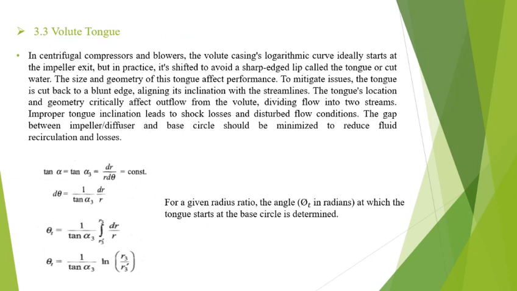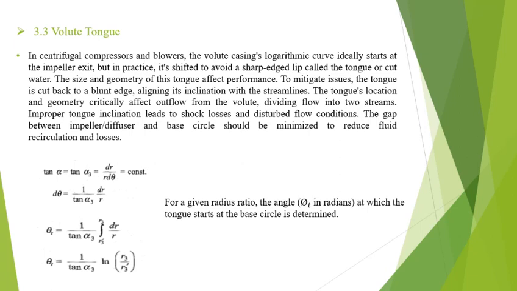After we discuss volute in centrifugal compressor and blower, the volute casing logarithmic spiral curve ideally starts at the impeller exit, but in practice, it's shifted to avoid a sharp edge lip called the tongue or cutwater. The size and geometry of this tongue affect performance.